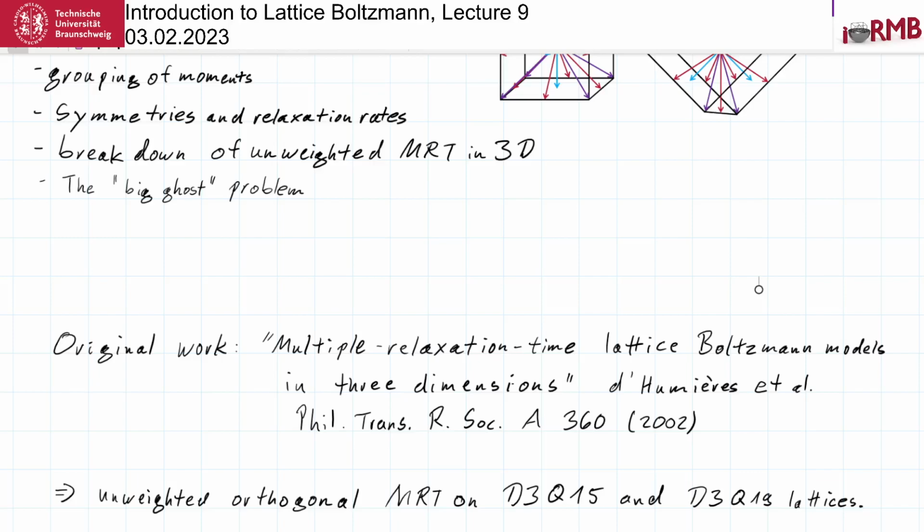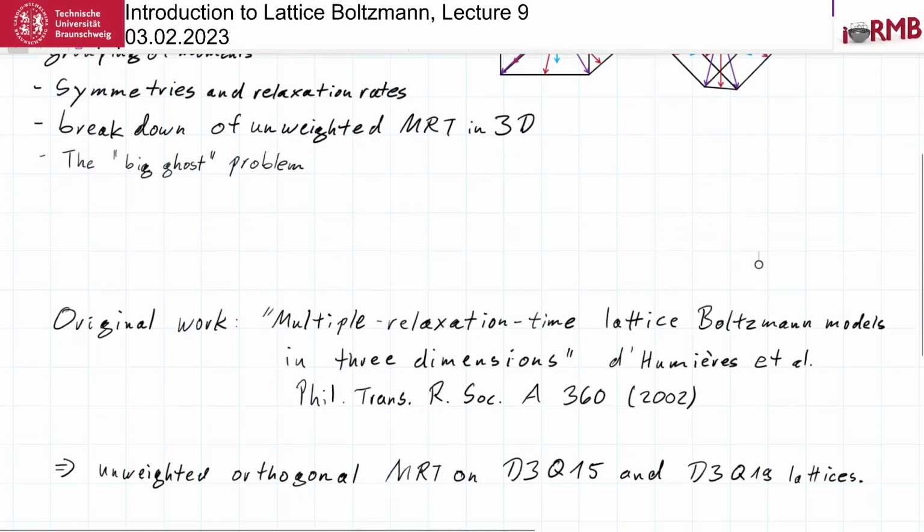So you see it's already more than 20 years old. What they cover in there is the unweighted orthogonal MRT for 2 different lattices, namely the D3Q15 and the 19 velocity lattices.